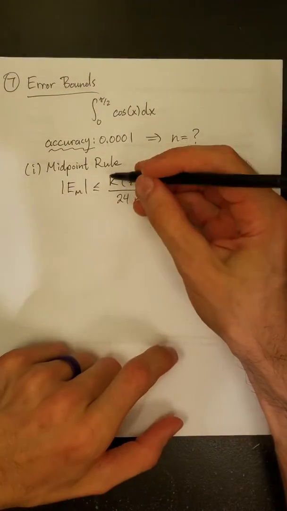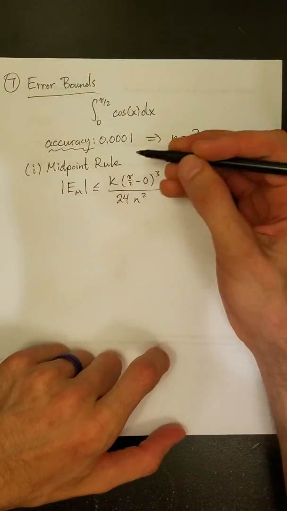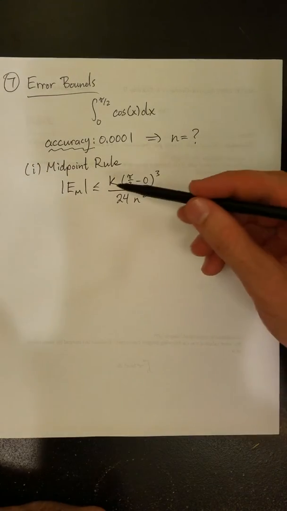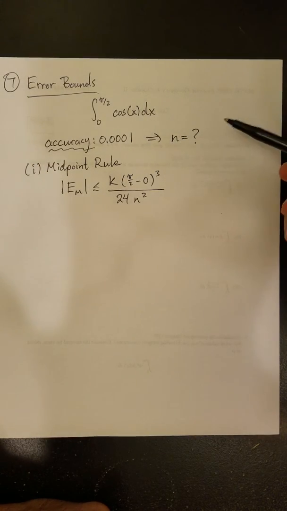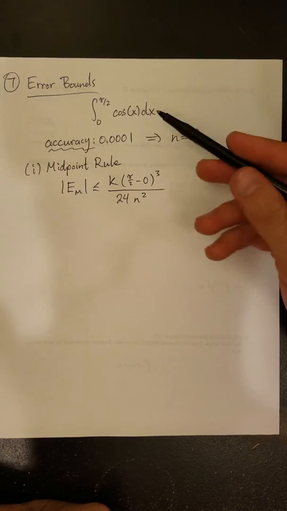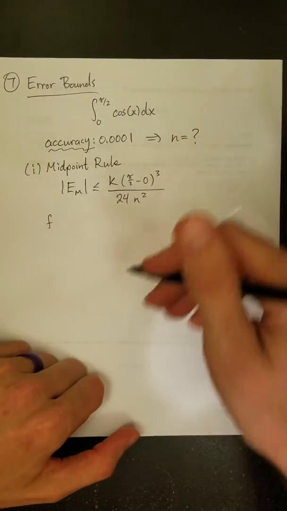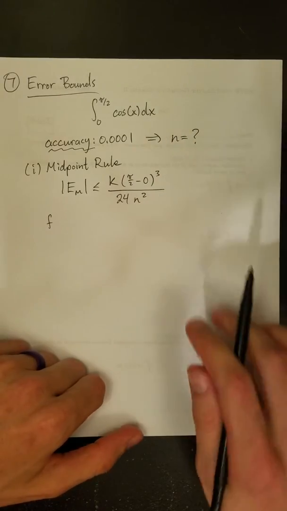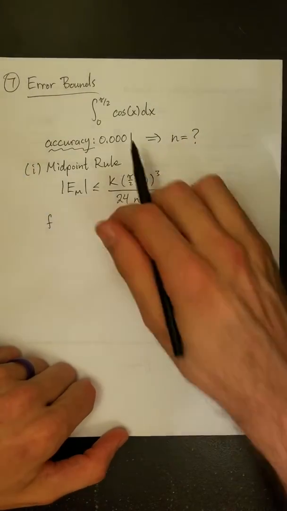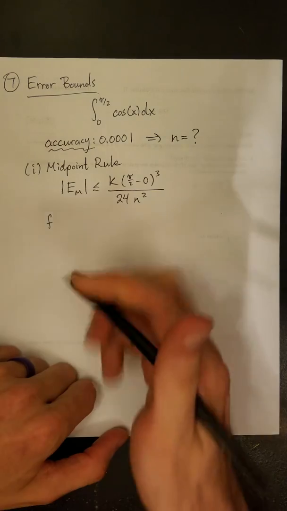In this case, we'll need to decide what K is allowed to be. This value of K depends on the second derivative of the function. So let's figure out this value of K, and then we'll say how many subintervals we actually need to guarantee our particular degree of accuracy.